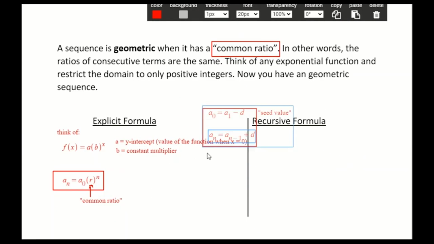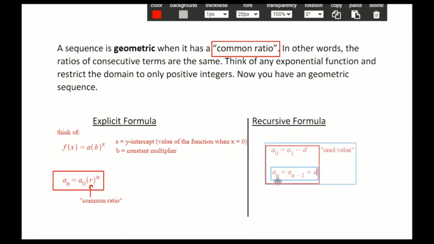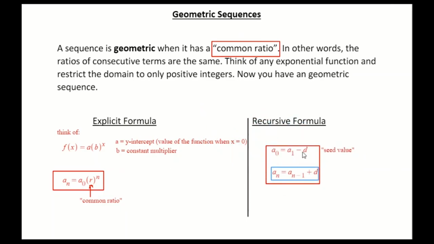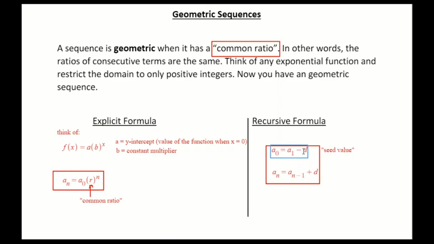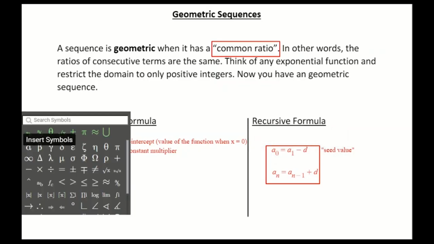So I'm just going to copy this over and change what I need to. Now here, instead of subtracting d to get back to that previous term, we are going to divide by r in this case. So let's change that to a division symbol. There we go.